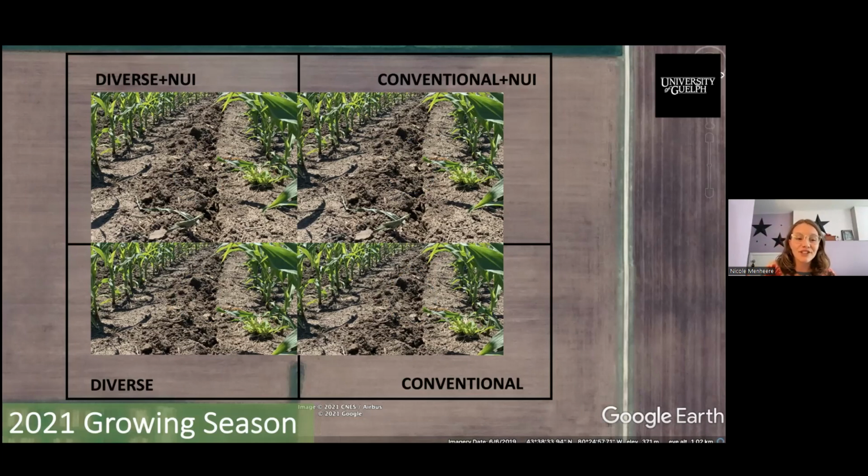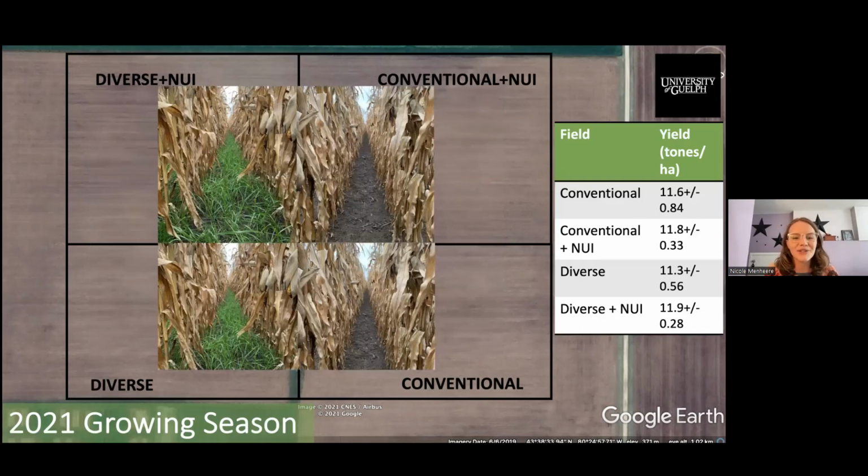Shortly after, we interseeded crimson clover and rye into the corn in our diverse plots on the left-hand side there. A month or so later, our corn looked like this, with nice cover crop coverage on our diverse plots, and on our conventional plots, as you can see, there are no cover crops.